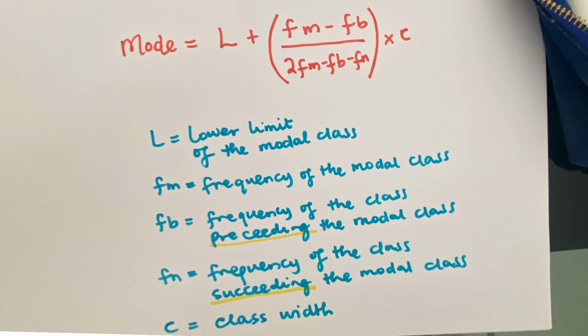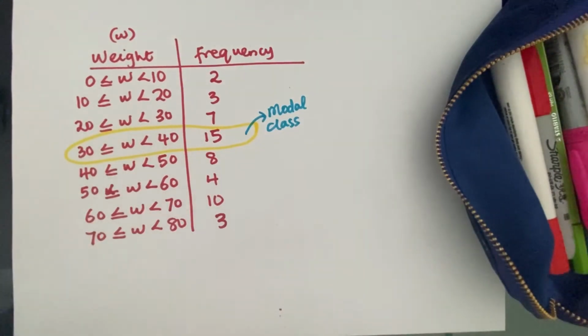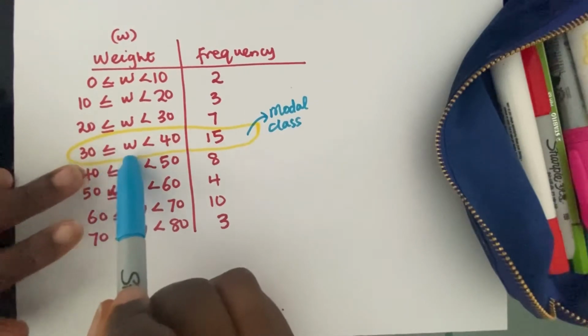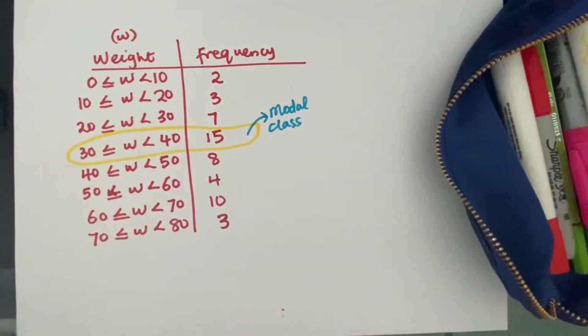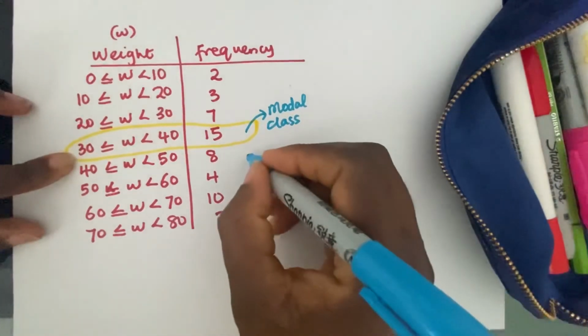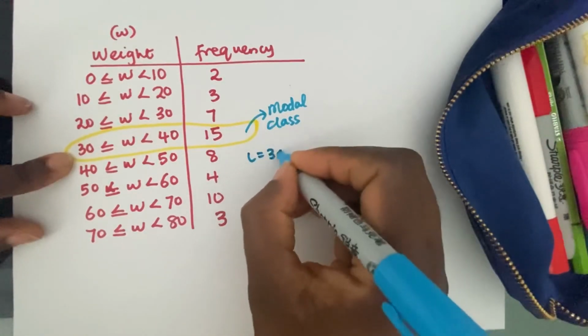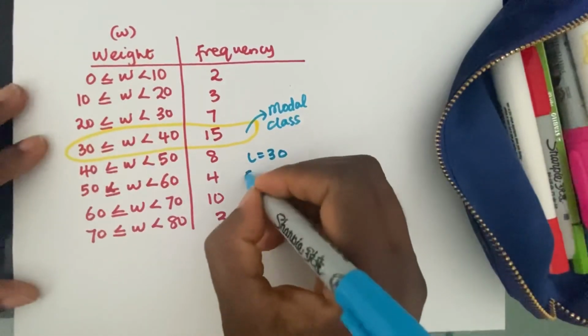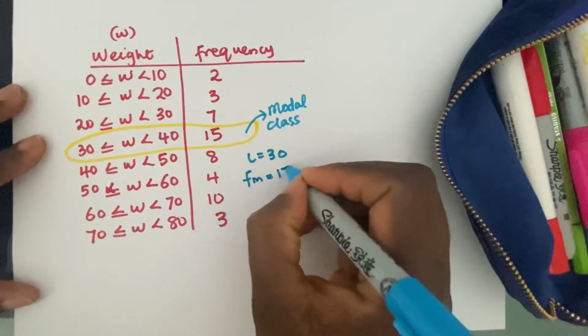Let's have a look at the example that we were looking at before. With this example, we found the modal class to be 30 is less than or equal to W is less than 40, which means L, the lower limit of the modal class, would be equal to 30, and Fm, the frequency of the modal class, would be equal to 15.